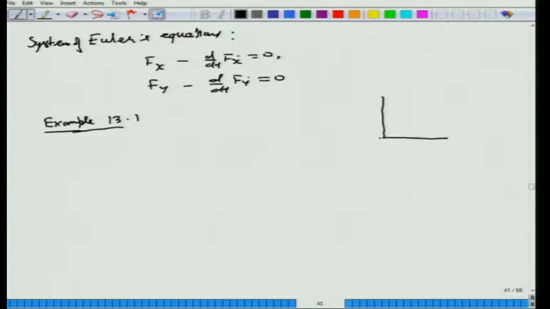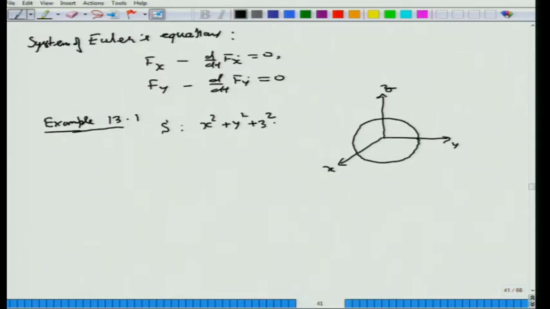So, let us take this example. We know the answer of this. Let us take this sphere. So, our surface is given by x square plus y square plus z square equal to a square. So, this is a sphere here, and we parameterize x as a sin theta cos phi.